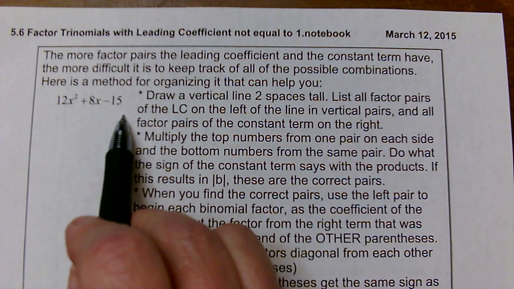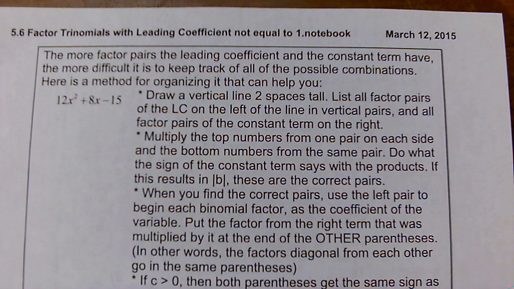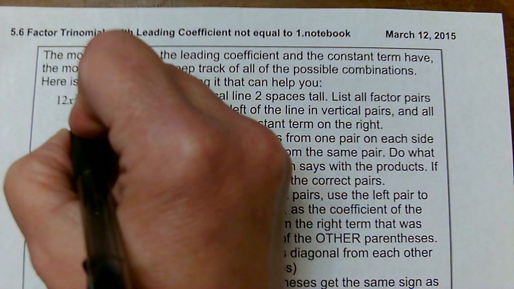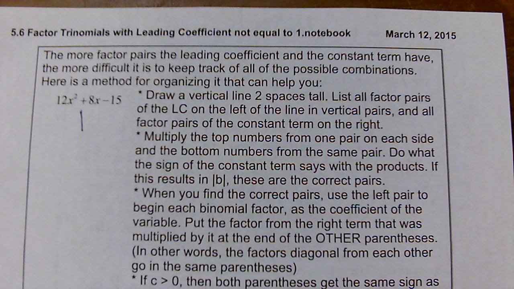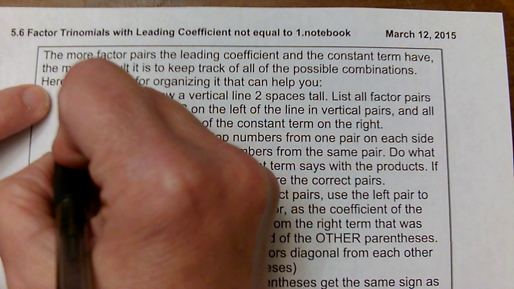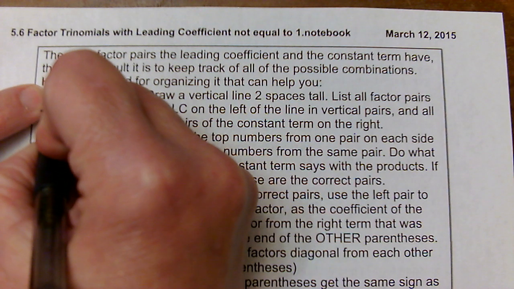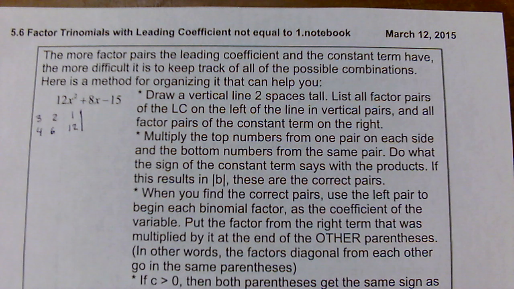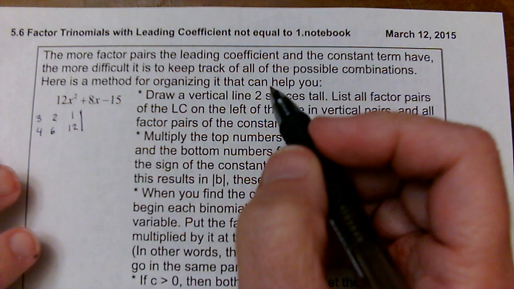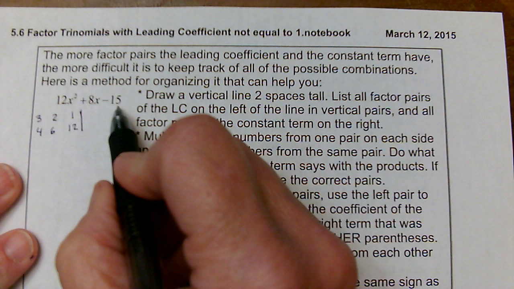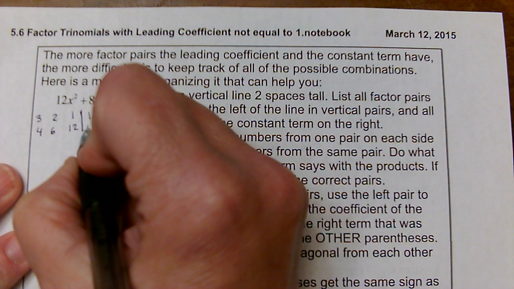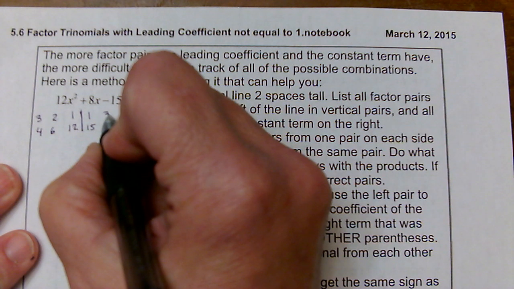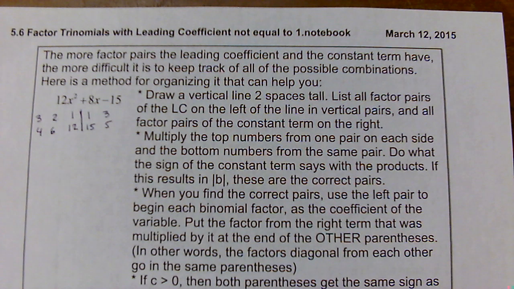It's already in standard form, highest to lowest power. So I'm going to draw my line tall enough for 2 rows. Now 12 has several factor pairs: 1 and 12, 2 and 6, or 3 and 4. 15 has a couple of factor pairs, 1 and 15, and 3 and 5.